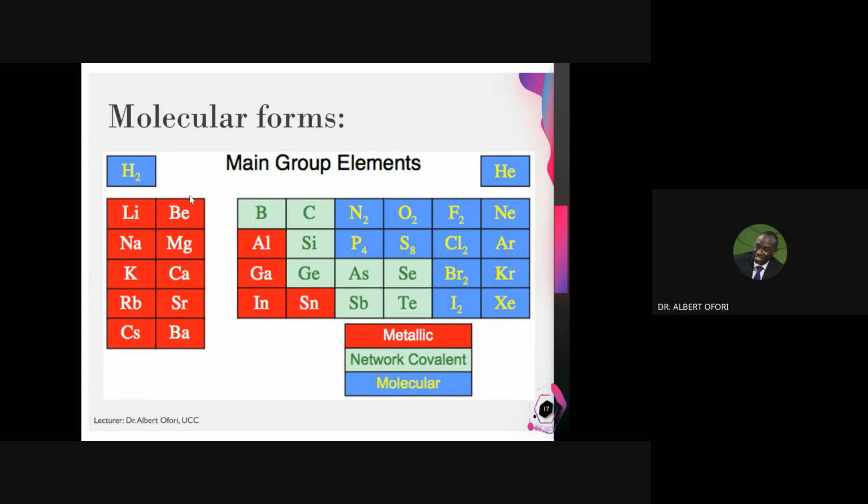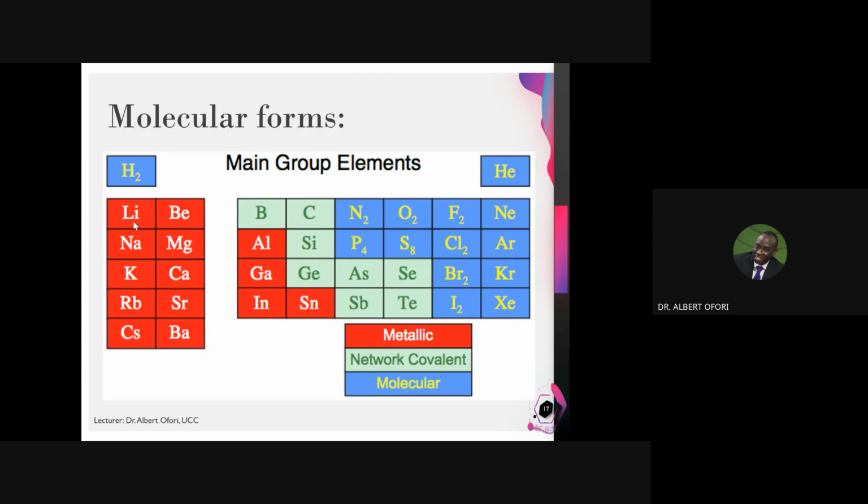Now, when one element releases its electrons and another element takes that electron, ions are formed. That leads to ionic compounds. Then we have a situation where we share electrons. This is what we call covalent bonding. In our main group, we'll see how these elements exist in their various forms.